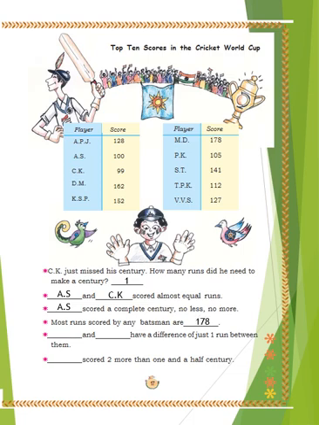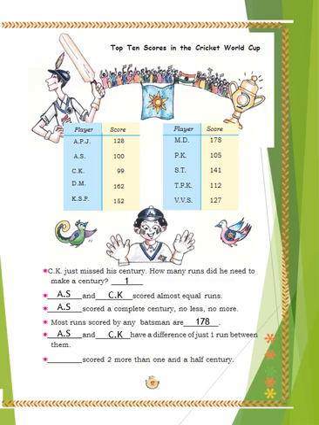The answer is 178. The next fill in the blank is Dash and Dash have a difference of just one run between them. AS and CK have a difference of just one run between them because their scores are 199 runs.